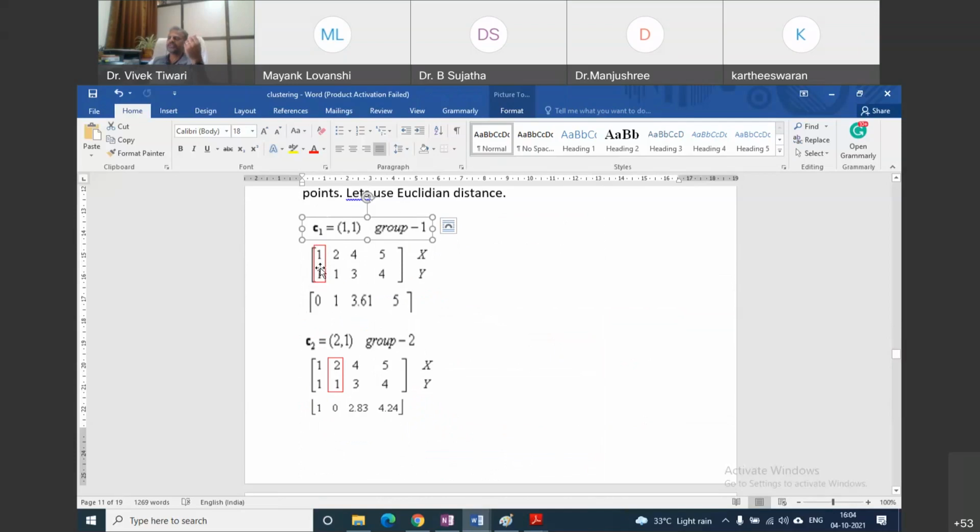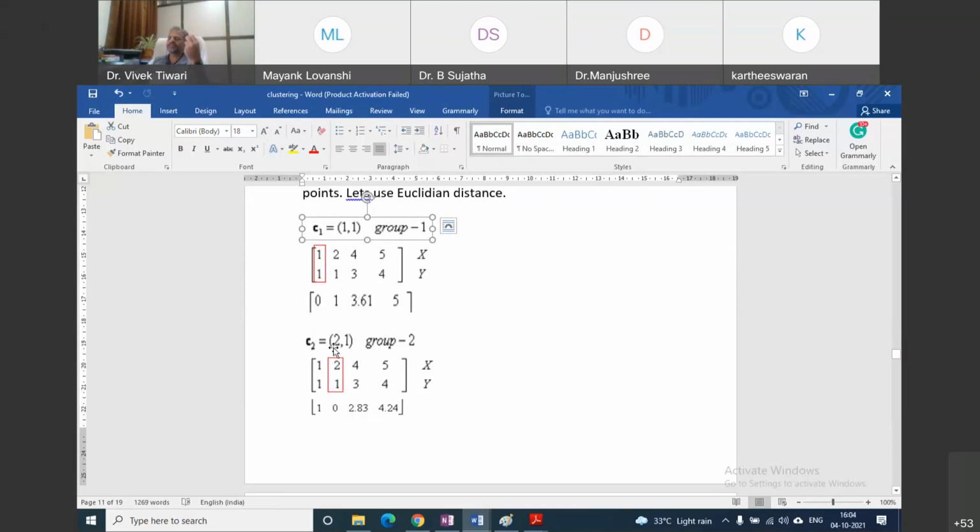The Euclidean distance between 1 1 and 1 1 is 0, because these are the same data point. Distance between 2 1 and 1 1 is 1. Distance between 4 3 and 1 1 is 3.61. Distance between 5 4 and 1 1 is 5. So this is the distance matrix of all the data points with respect to the centroid C1.